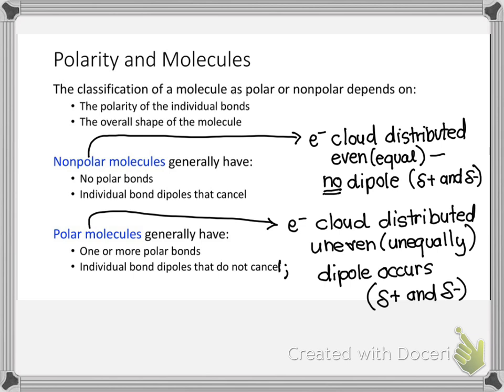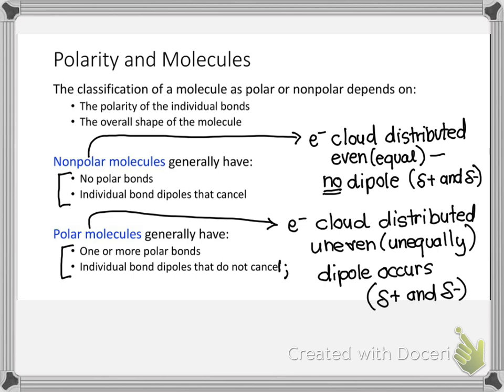And so we'll see polar and nonpolar molecules in the future. Now, I want you to know nonpolar and polar, but you don't have to memorize these things. These are just some general characteristics.